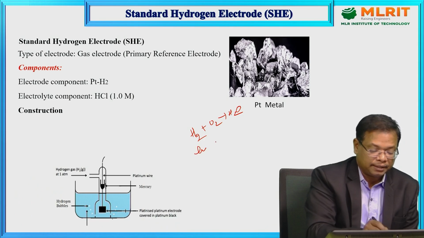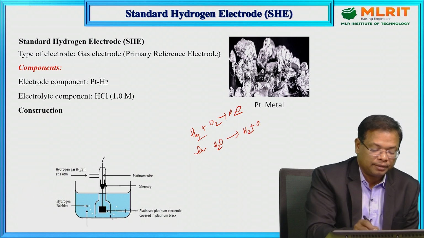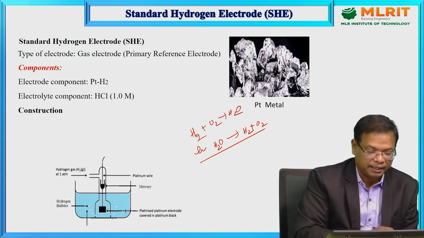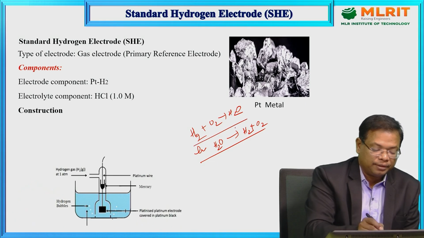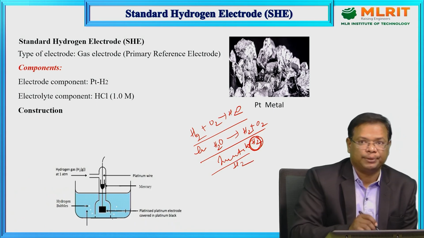And in electrolyzers, platinum can split H2O into H2 and O2. This is the main function of platinum. So platinum is always taken as an inert electrode, with the hydrogen on its surface. The platinum surface is always a good adsorbent for H2.